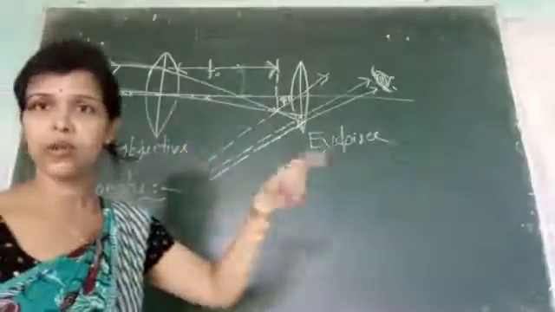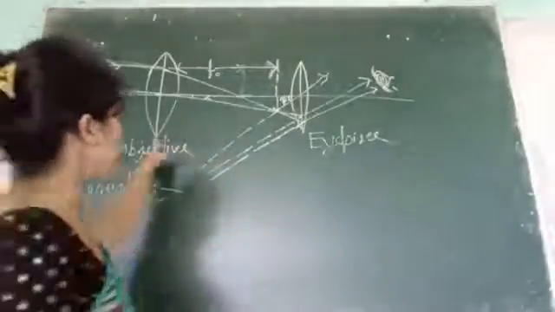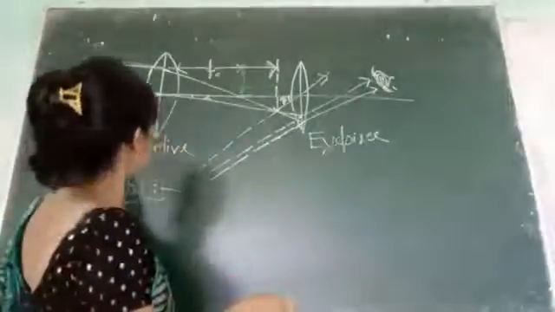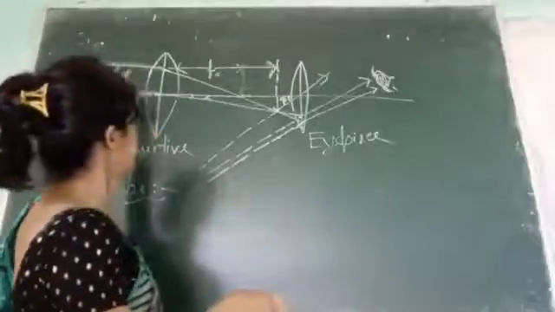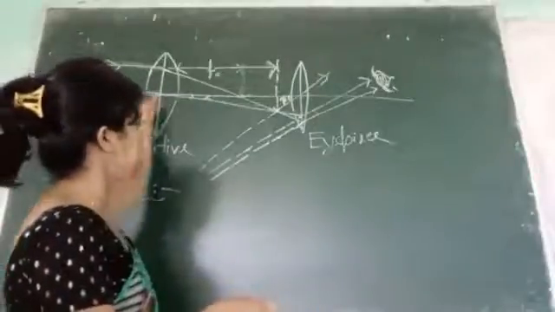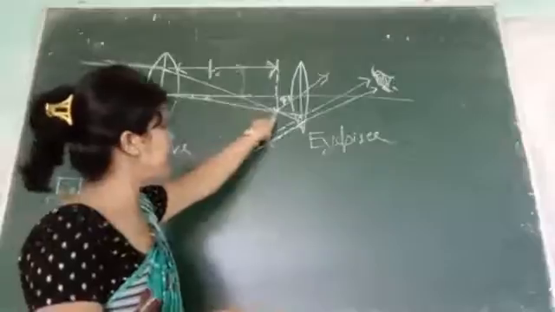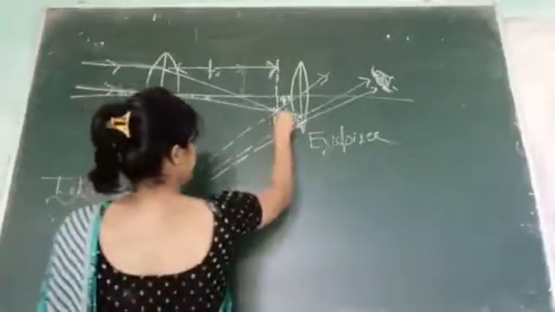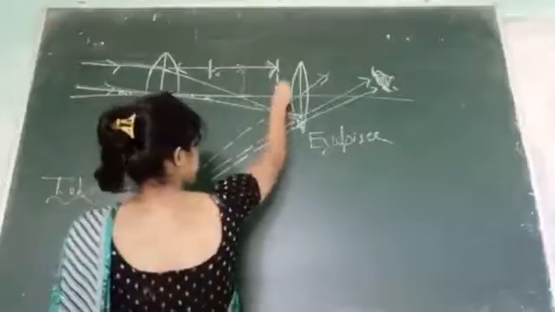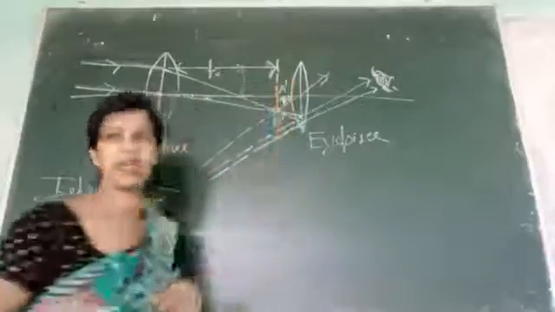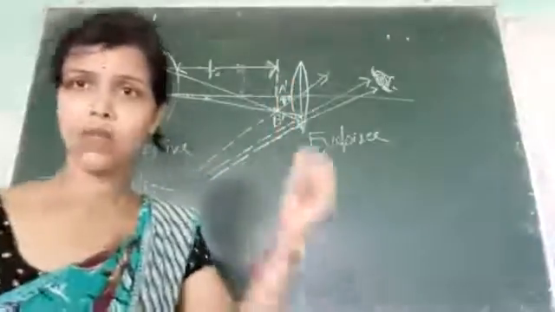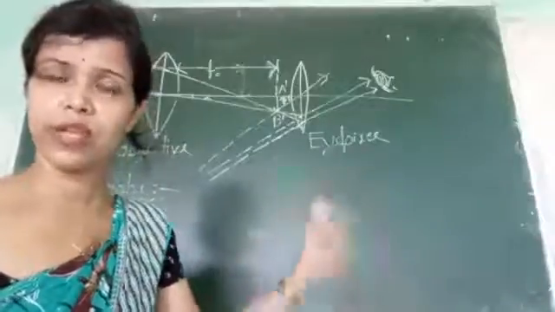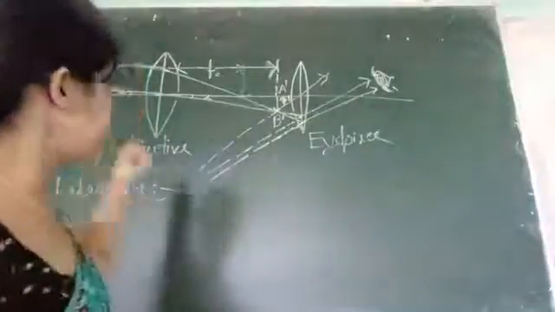Here also, after the parallel rays are incident on the objective lens, they focus at the point say B dash, and in this way A dash B dash, an image of the distant object, is formed with the help of this objective lens.